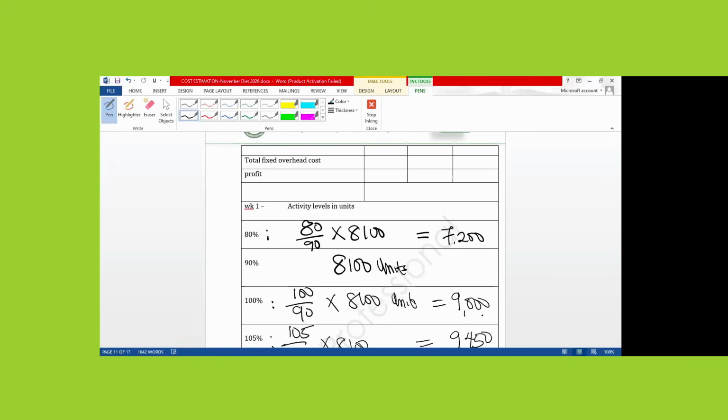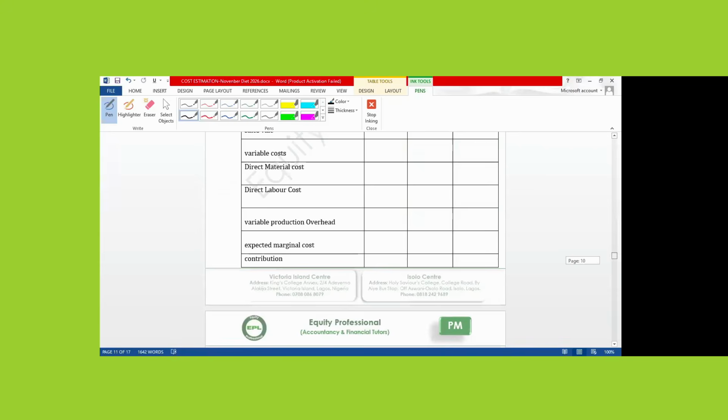That means production from 1 to 9,000 units is within 100%. You have to produce 10,350. When you produce from 1 to 9,000 units, that is within 100%, your material cost per unit is 11 naira. Look at it here.